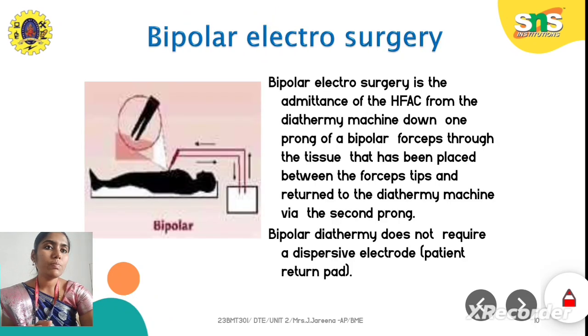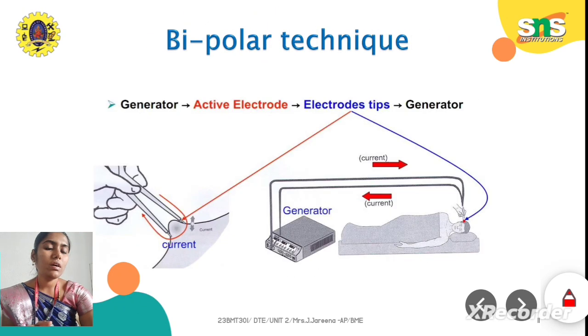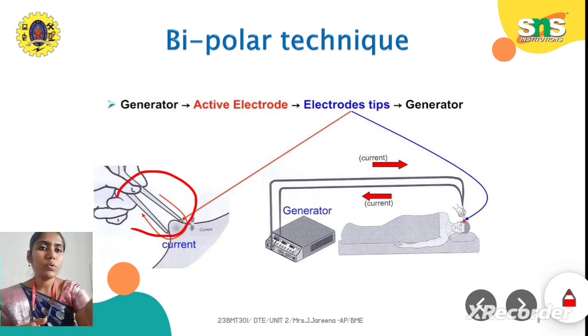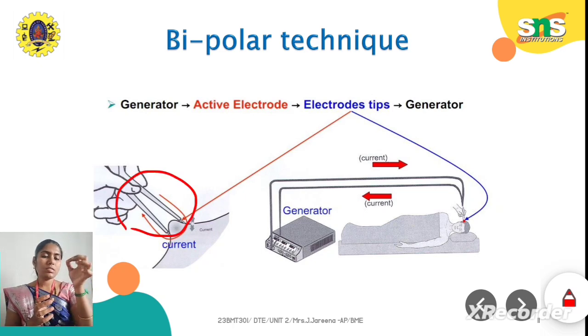So next one is the bipolar technique. Here you see the type of electrode we use in the bipolar technique, the bipolar electrode. In a single electrode you have two sides. One acts as the active, and the other acts as the reference. This is the reason there is no need for a separate reference electrode.